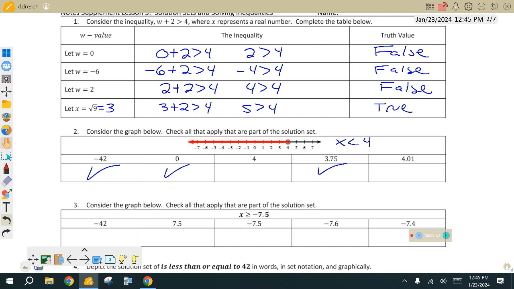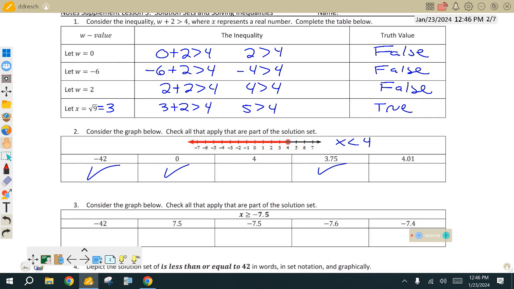It's right about here. It's in the shaded zone. It's less than 4. And then 4.01, you've got to remember it's on the right-hand side. It's over here, and it's not a solution. It's greater than 4. So checking all those out, that's the best that we can say.